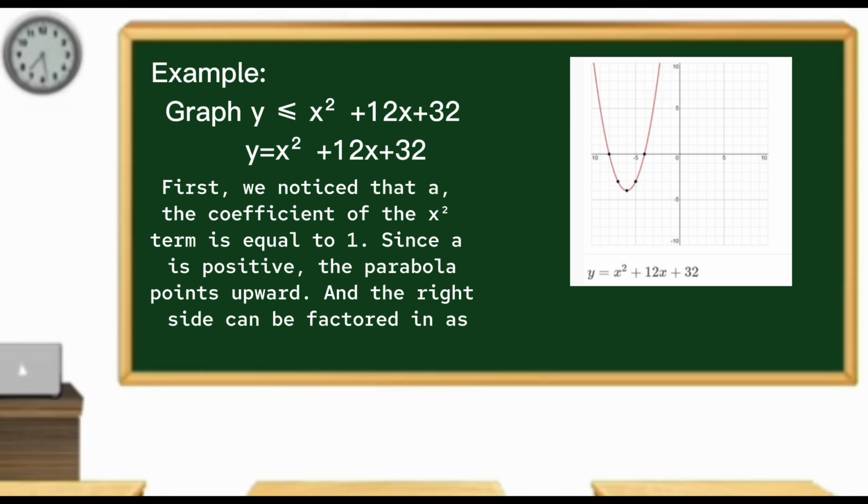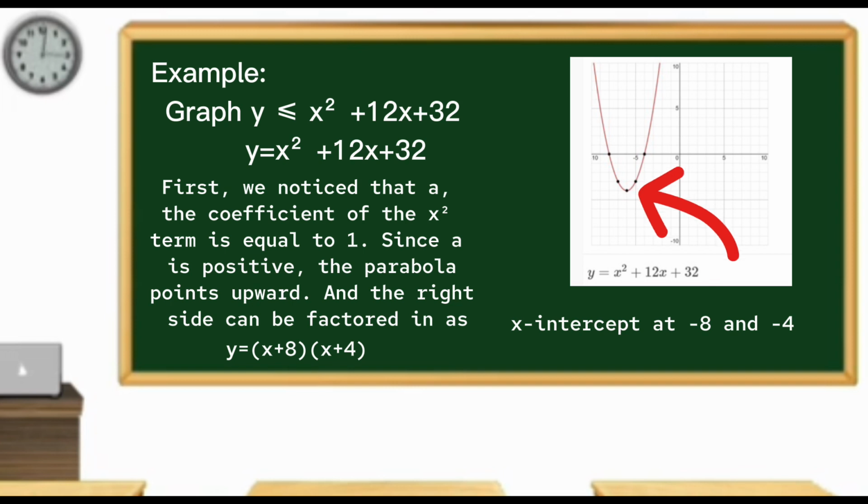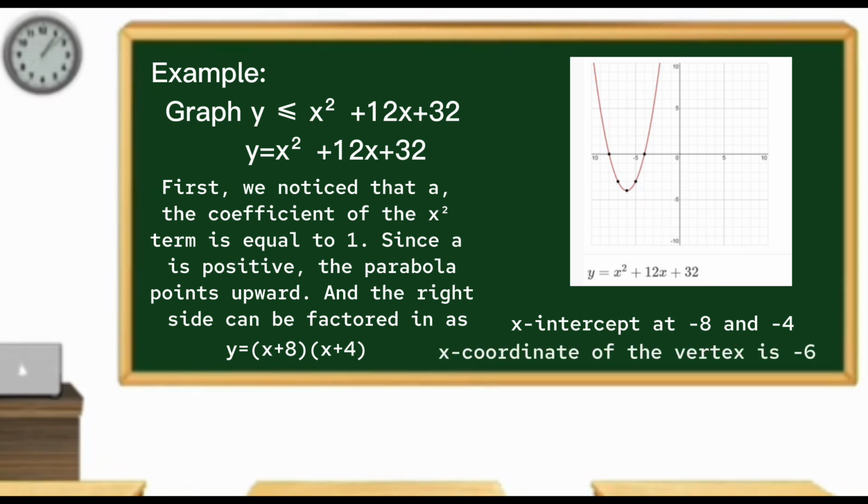The right side can be factored as y equals (x plus 8) times (x plus 4). So, the parabola has x-intercepts at -8 and -4. The vertex must lie midway between these, so the x-coordinate of the vertex is -6.